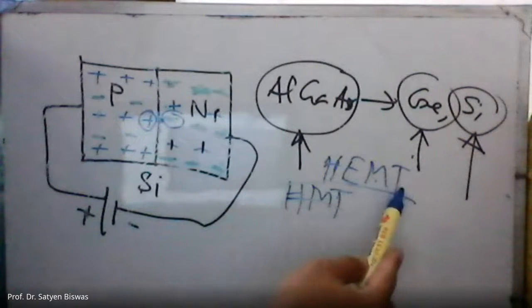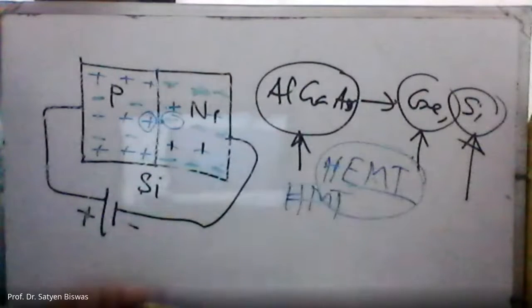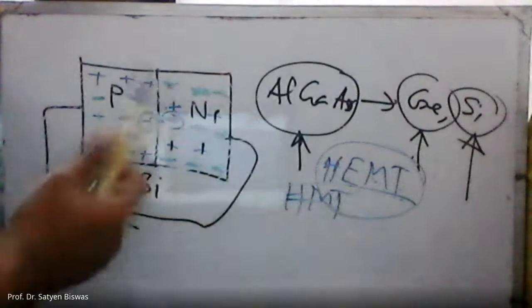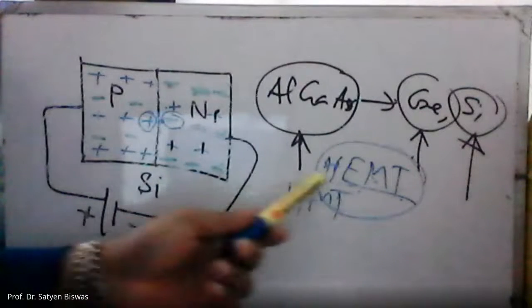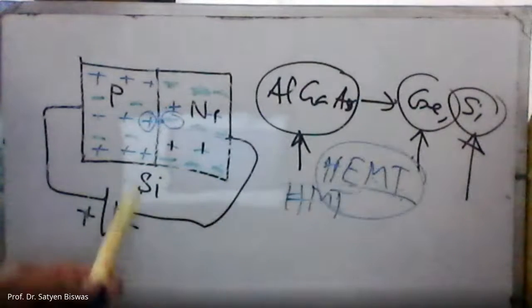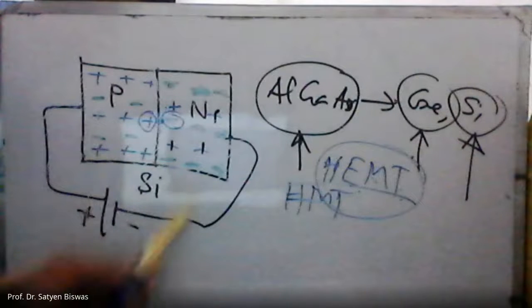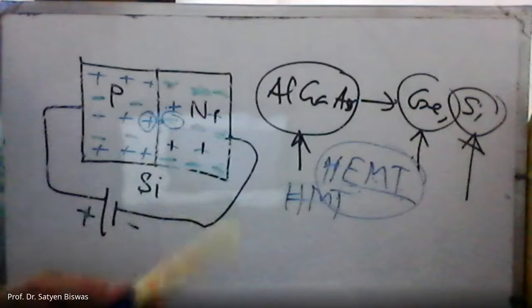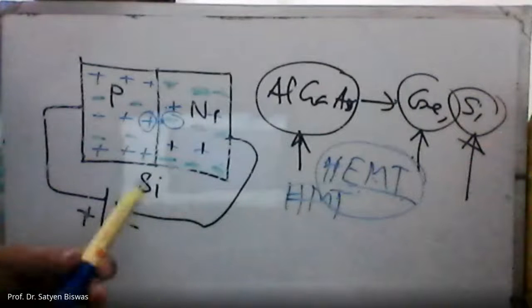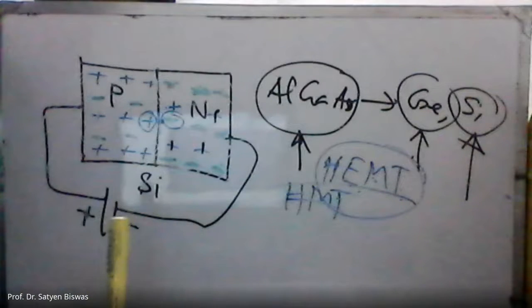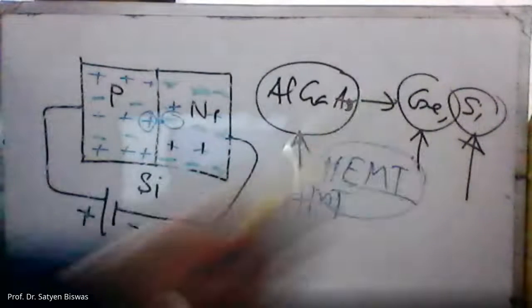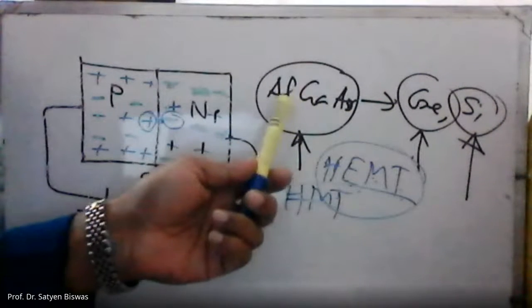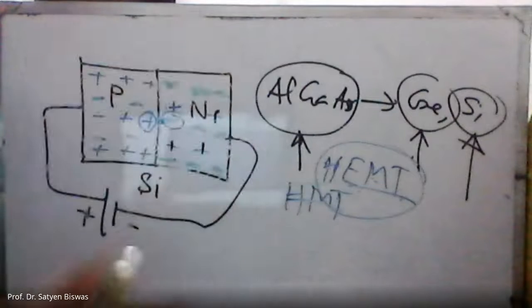In this kind of transistor, you cannot make it using silicon. There is no way you can make a high electron mobility transistor using silicon or germanium, or any monolithic, single material, or aluminum or gallium one by one.